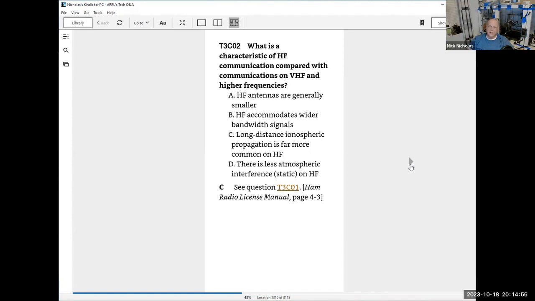It skips off the ionosphere when it's extremely well charged, and it bounces multiple hops and can travel around the world. And then sometimes you couldn't get 6 meters to bounce off of anything. That's why we call it the magic band, because sometimes it just works like magic and poof, abracadabra, it's gone. It doesn't do it anymore. The answer here is C, by the way.